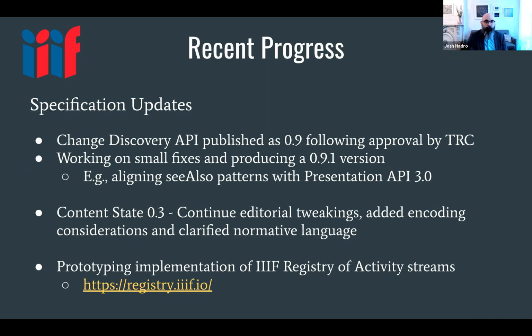So the big work has been on the change discovery API, which is a means for institutions to provide notice of new records or updates to records and things like that, and ways that aggregators can work with those feeds to know when and how to update their indexes.